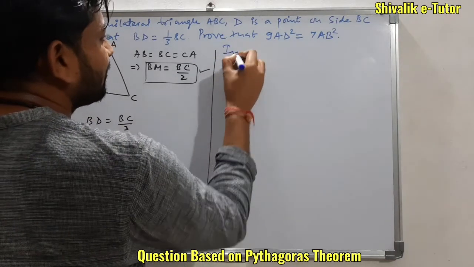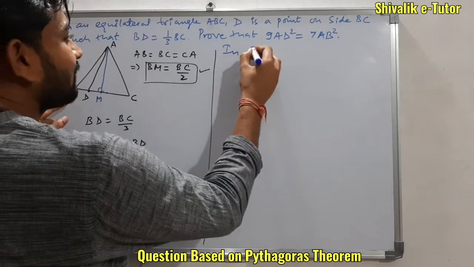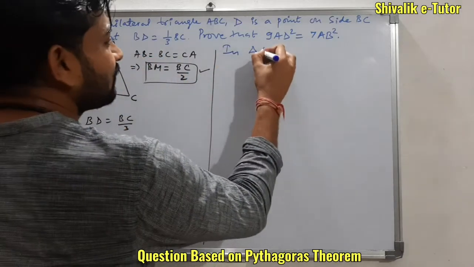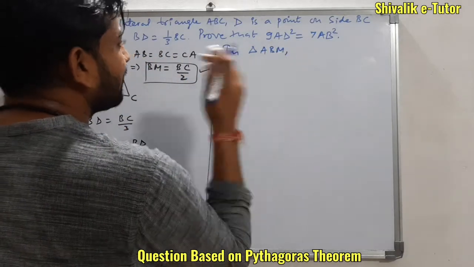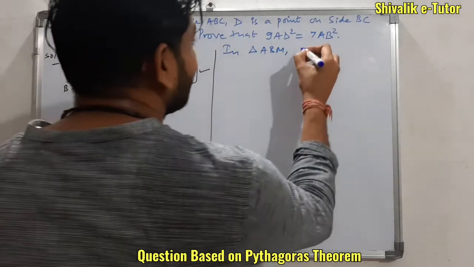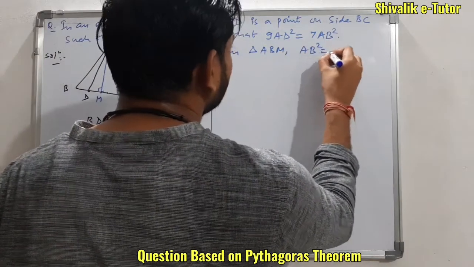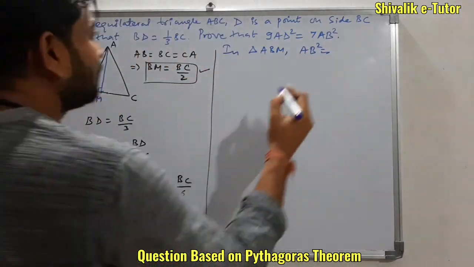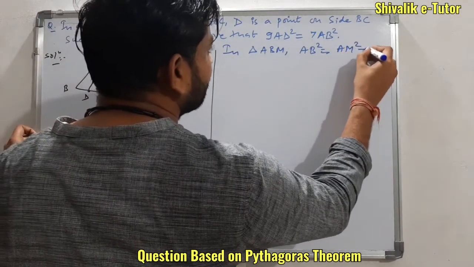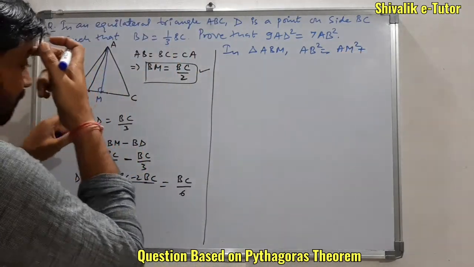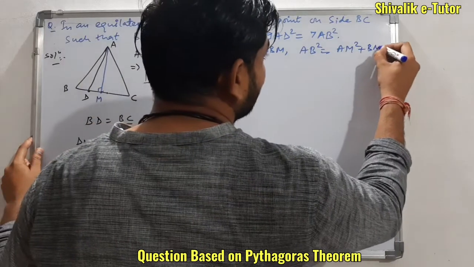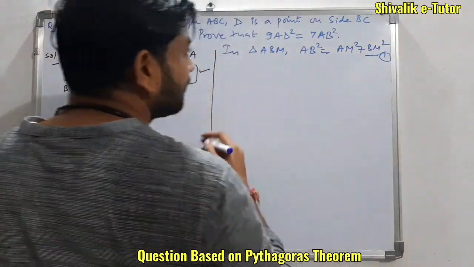So let us consider them one by one. I am taking triangle ABM at first, which is a right angle triangle. Here clearly AB is the hypotenuse, so AB square is equal to AM square plus BM square. This is the first equation over here.